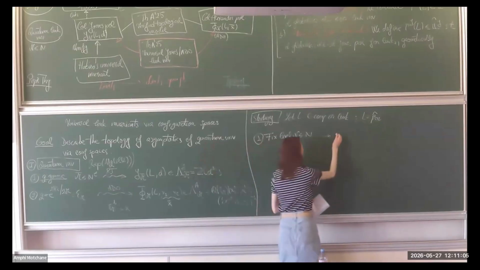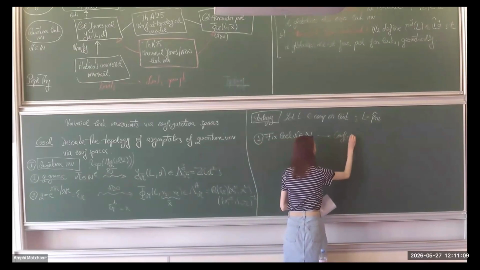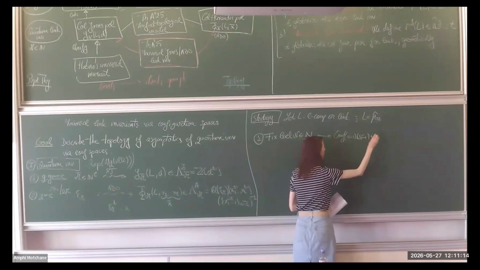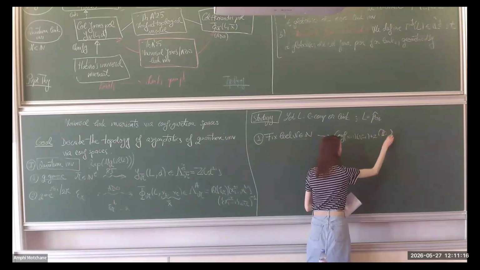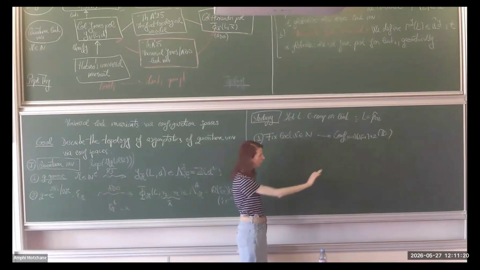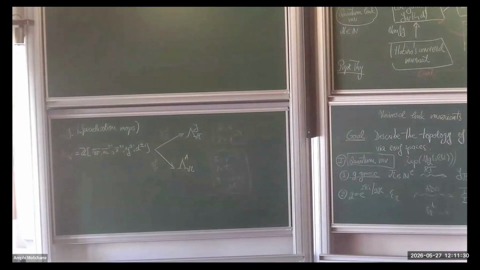So we'll look at the configuration space of n-1 times n-1 plus 2 particles in the punctured disk. Okay, so the punctured disk is the one which I've drawn here. So if you count, you can see that I've drawn exactly 10 plus 2 punctures. And I will be looking at the configuration space of that image.